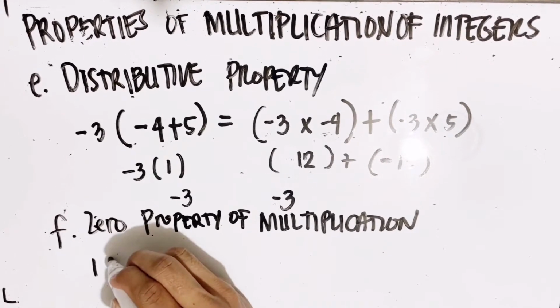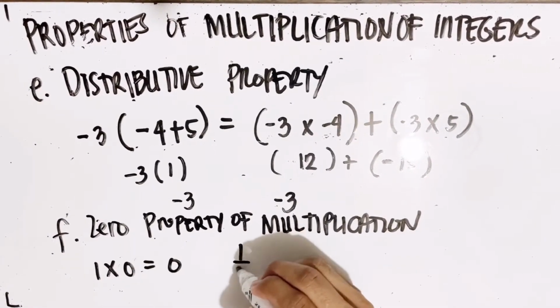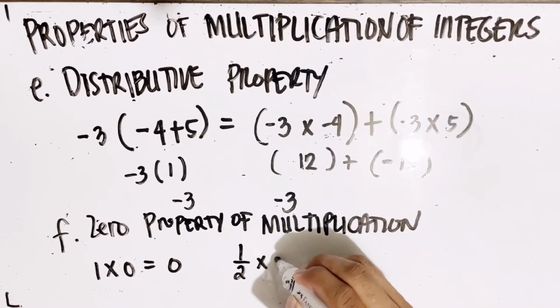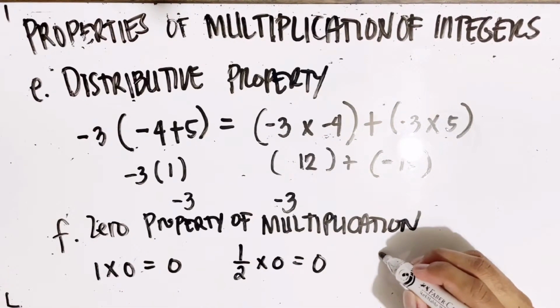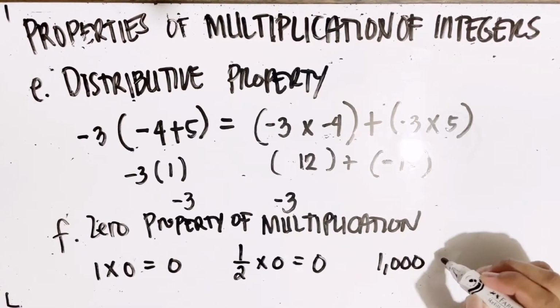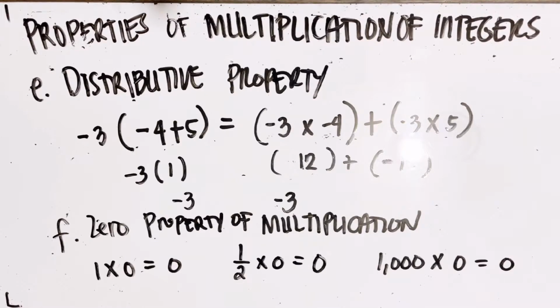Like 1 times 0 is 0. 1/2 times 0 is 0. 1,000 times 0 is still 0. So those are the properties of addition and multiplication of integers.